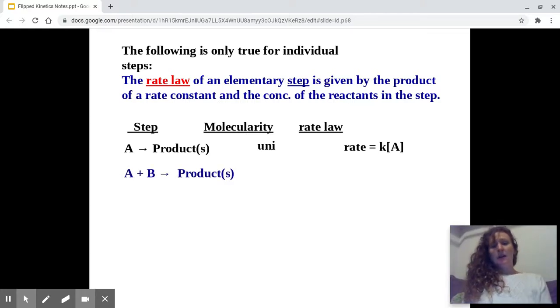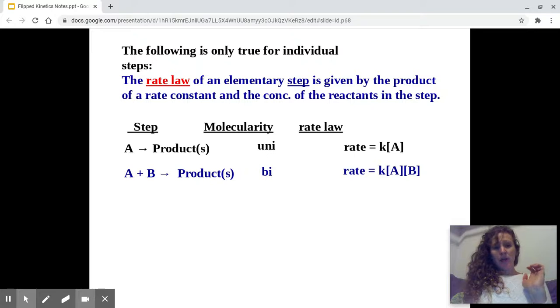Okay, so what's the molecularity of this reaction? It should be bimolecular, because there's two molecules in the reactants that have to collide in order for this reaction to go forward. And so again, the rate law is going to represent both of these reactants and their coefficients.